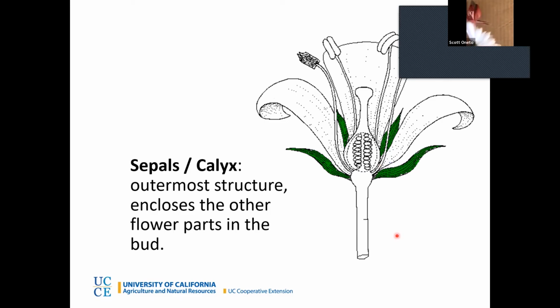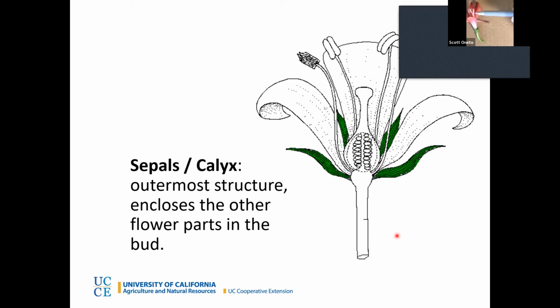On the back side of the chrysanthemum, the sepals are really distinguishable. They're green, and this is what encloses the flower bud before it actually opens. If you think of a rosebud before a rose flower opens, it has very distinct green sepals, and as the flower opens, those sepals fall back. The same goes for all these other flowers.